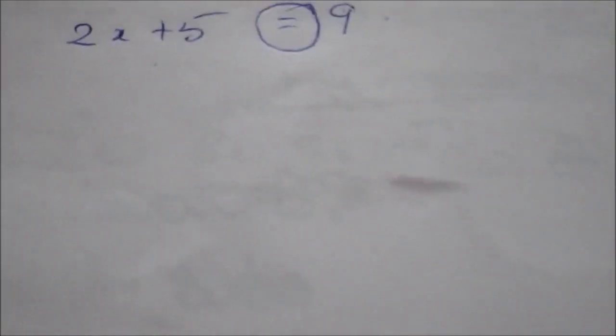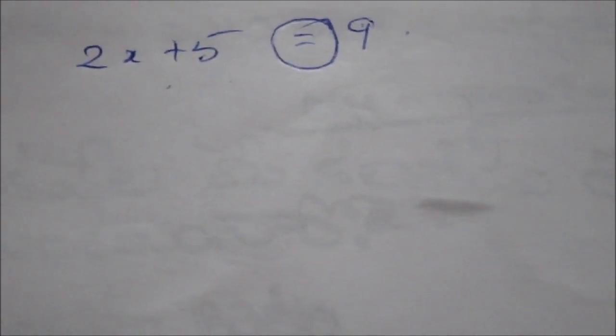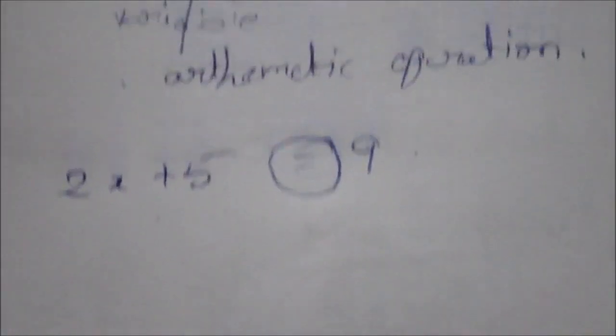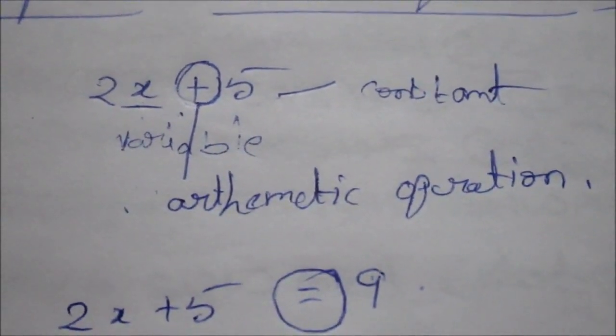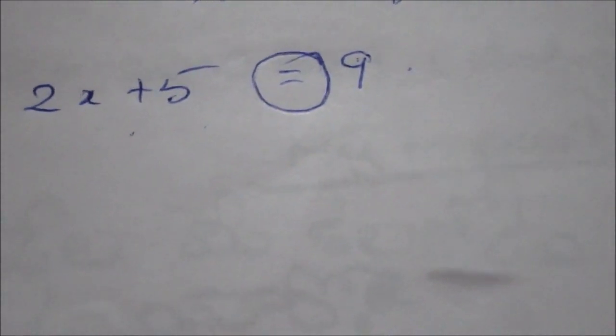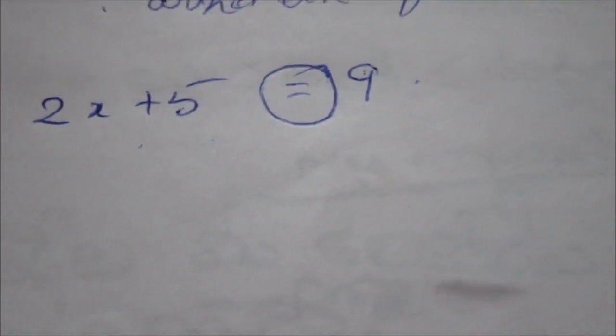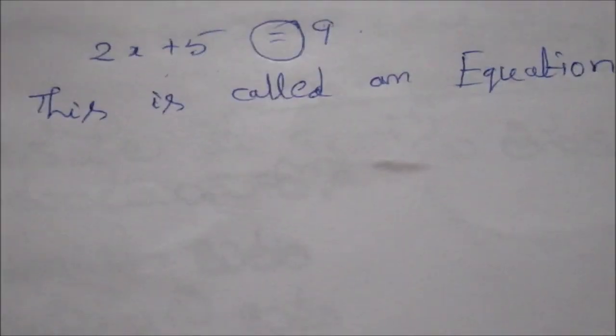That's why this is called an equation. Above, only 2x plus 5 is only an expression. Here 2x plus 5 is equal to 9. It has the equal to symbol. That's why this is called an equation.